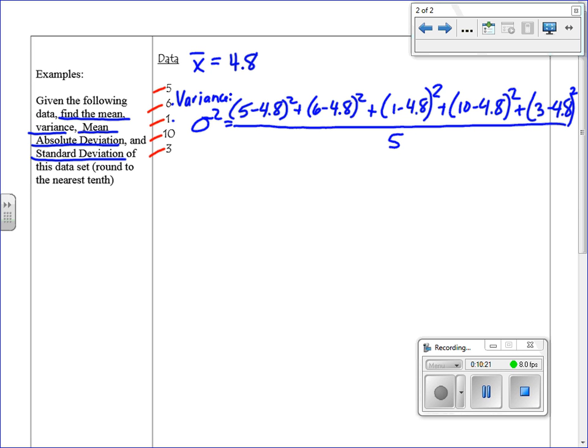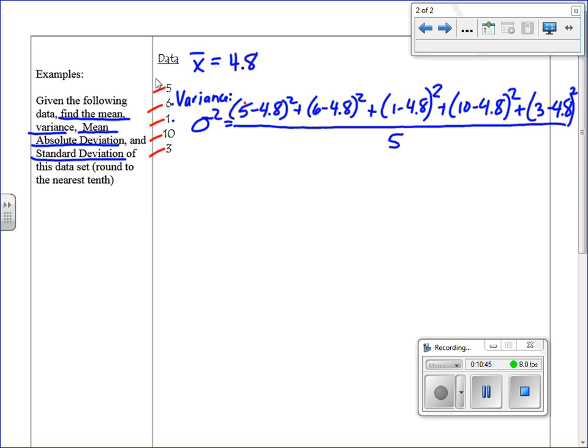To determine my variance, I took each data item, 5 minus the mean, square it; 6 minus the mean, square it; 1 minus the mean, square it; 10 minus the mean, square it; and 3 minus the mean, square it. I added all of those together, and then I divided by 5. You can go ahead and figure out the rest for yourself.